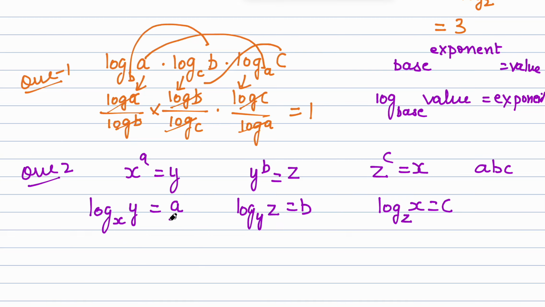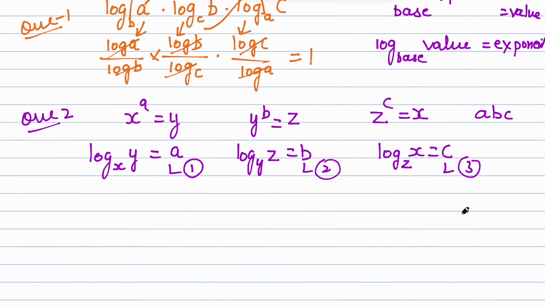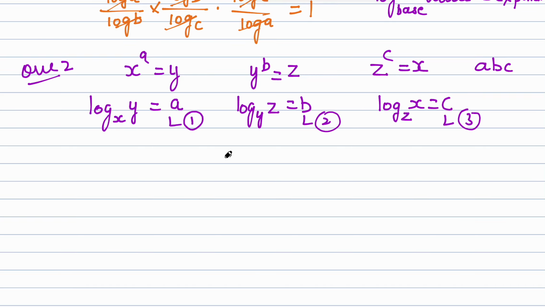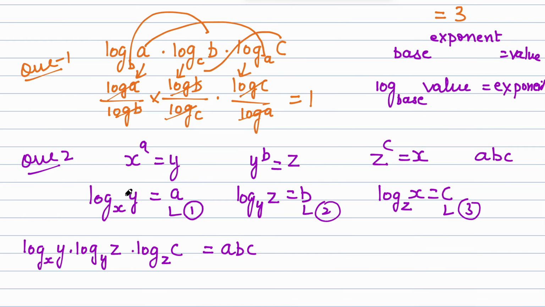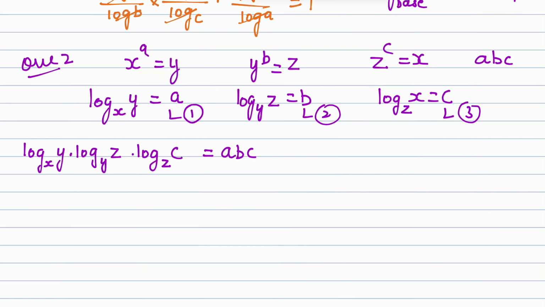So if we multiply equation 1, equation 2 and equation 3, when I say multiply three equations, that means left hand sides are multiplied with left hand sides and right hand sides are multiplied with right hand sides, giving log base x of y times log base y of z times log base z of x. Now, if you have understood the pattern from question number 1, just see how it works the same way.